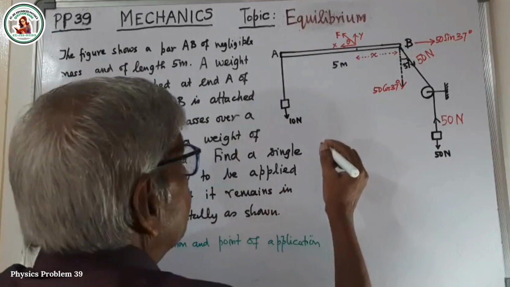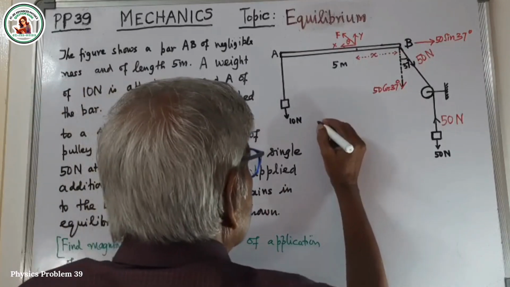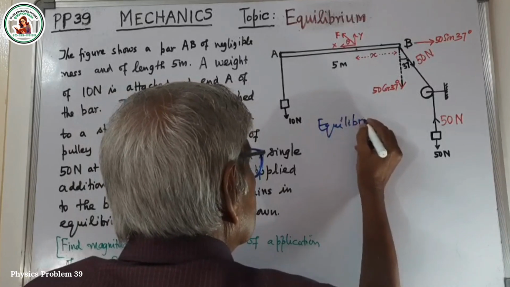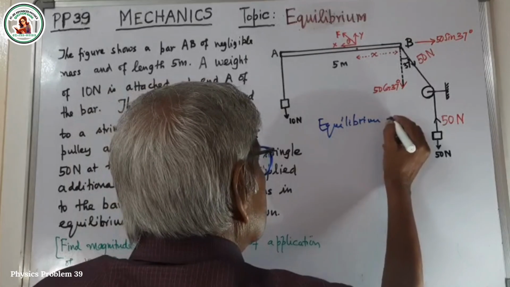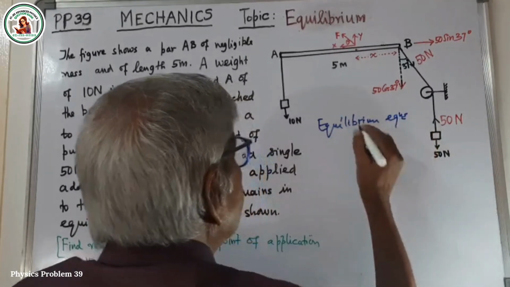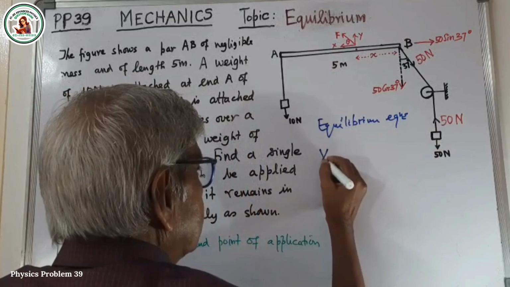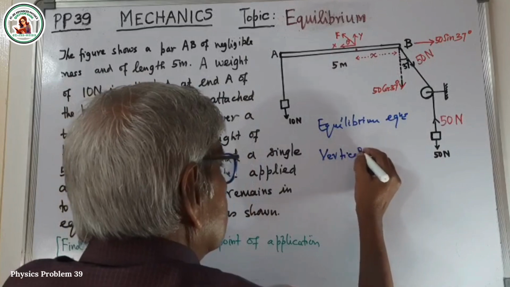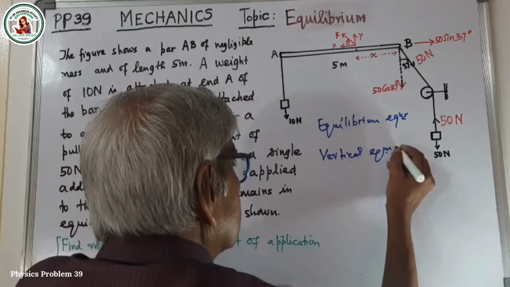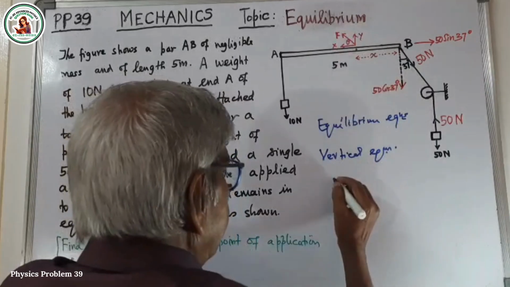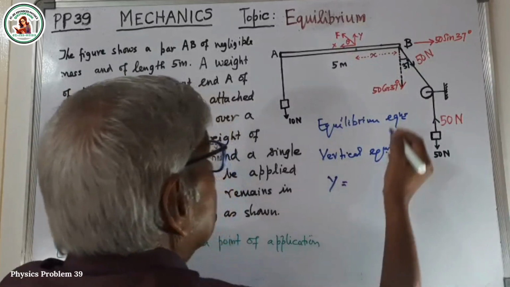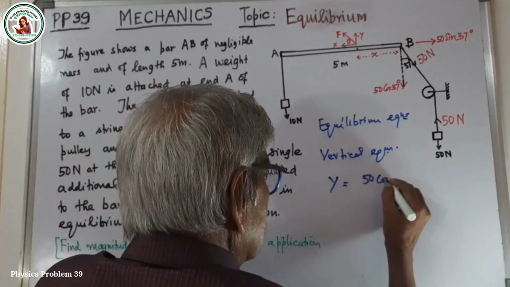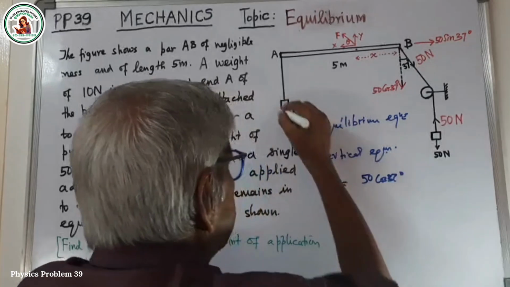So first, equilibrium equations. First, vertical equilibrium. Y is the upward force. Y must be equal to, to balance it, 50 cos 37 degree down plus this 10.